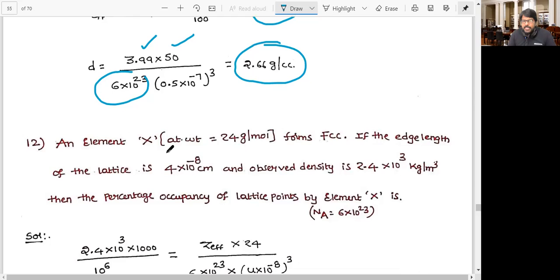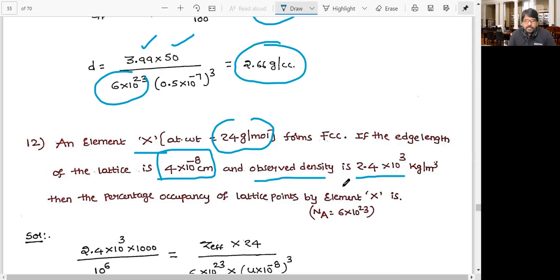An element X, atomic weight is 24 gram per mole. The edge length of the lattice is again given. Observed density is 2.4 into 10 power 3 kilogram per meter cube. Find the percentage occupancy of lattice points by the element. He's asking what is the percentage occupancy. That means there must be some defect.